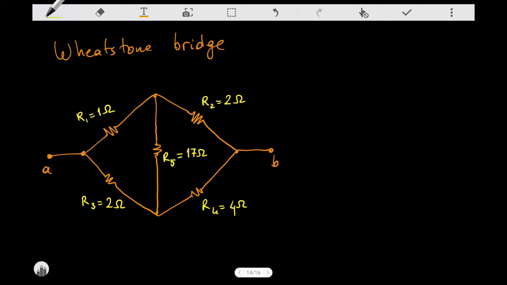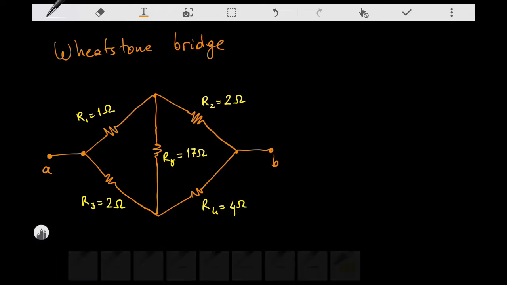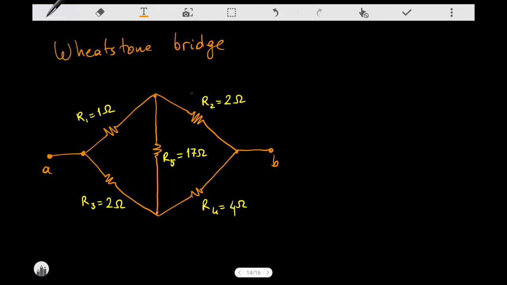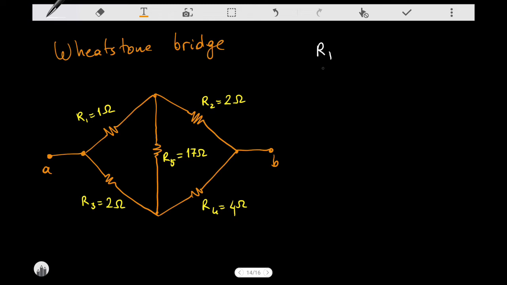But there is a special case. There's no symmetry in here, but there's a special situation where we can solve the problem with a very simple trick, right? That special case is the case when in these four side branches, the resistance ratios satisfy that relationship, that is R1 divided by R2 is equal to R3 divided by R4.